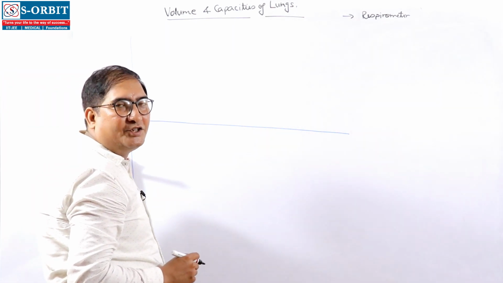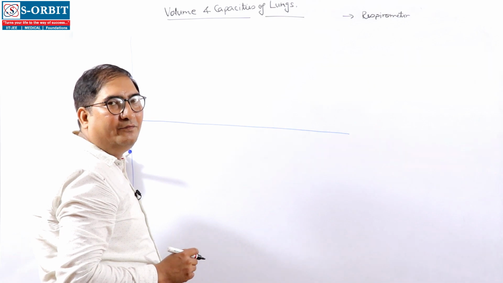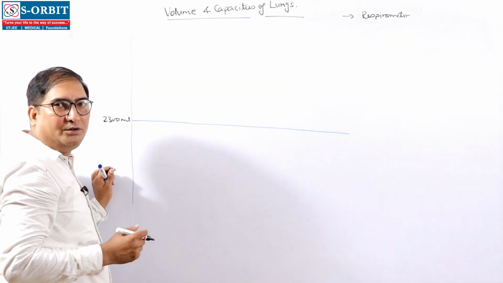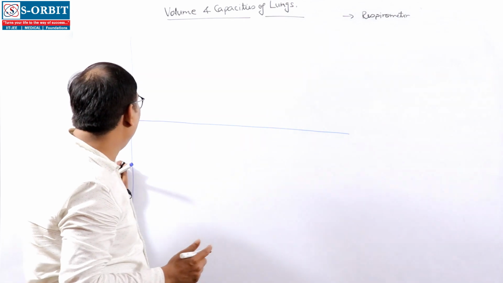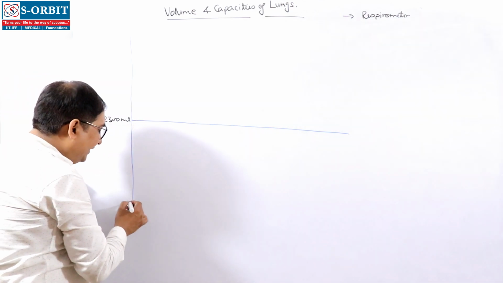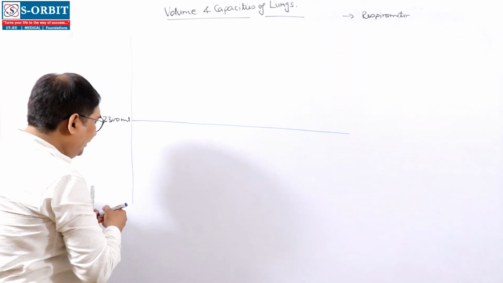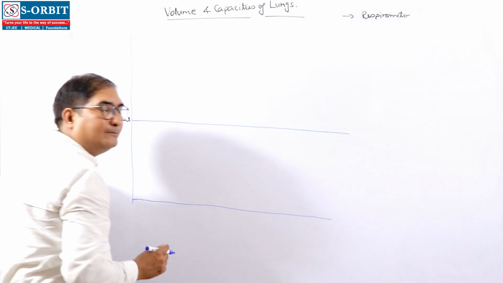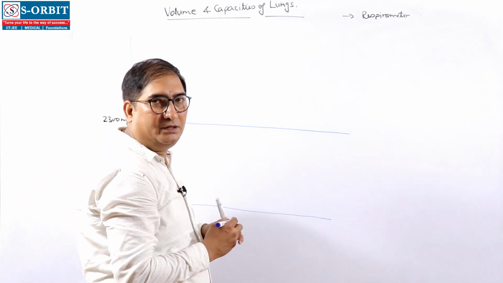This is functional residual capacity, which we will talk about in detail in a few moments. First, 2300 ml of air is left in the lung after normal expiration.